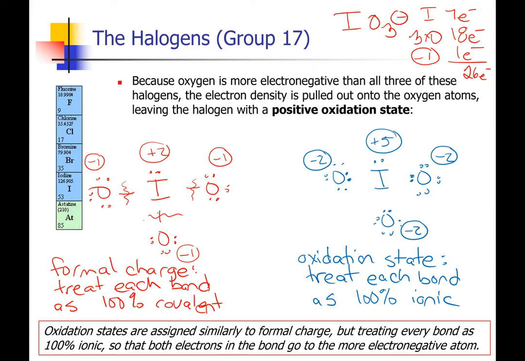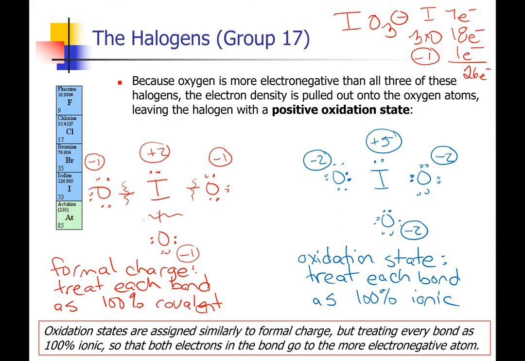What does the ion really look like? Somewhere in the middle, but somewhere in the middle is really difficult to calculate precisely. Whereas oxidation state was easy to calculate and formal charge was easy to calculate, and they're both really useful tools in their correct, appropriate context. So formal charge we use to assess whether or not we're happy with our Lewis diagrams.